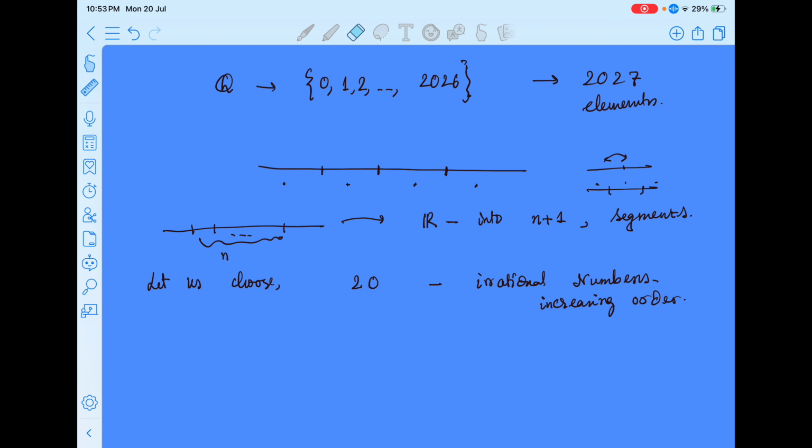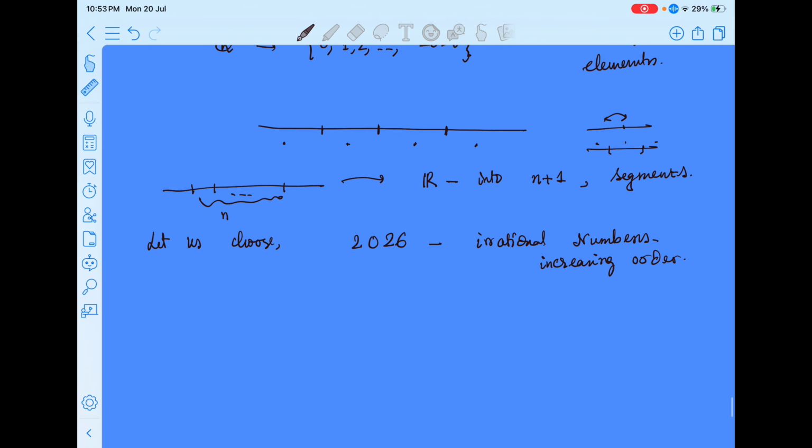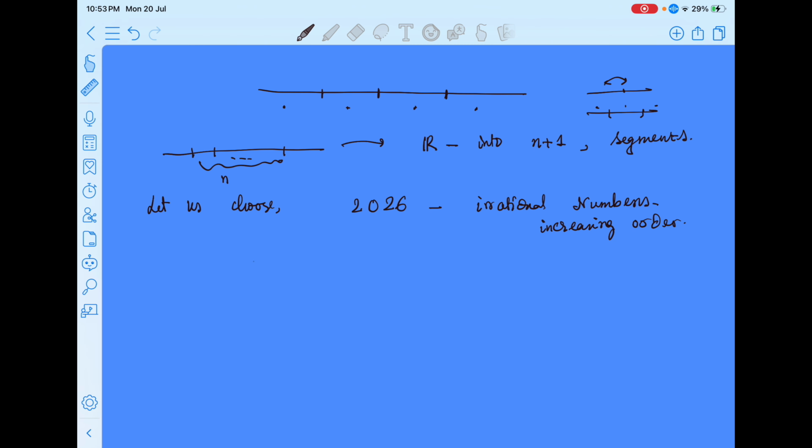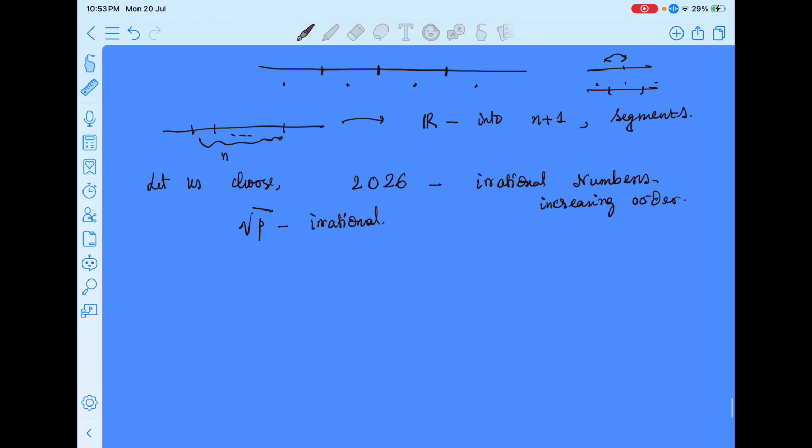Sorry, we want 2027 regions, so we have to choose 2026 irrational numbers. We know square root of any prime number is irrational, right? Just choose square root of consecutive 2026 prime numbers. That's it.